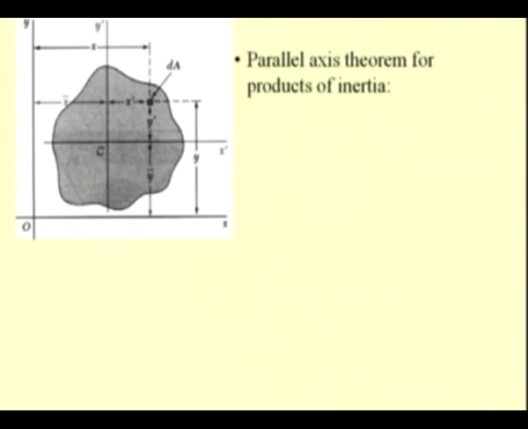So, C being the centroid of this area, we have the parallel axes, that is x prime y prime, passing through the centroid. If the location of this differential element is x and y, x can be written as x bar, the location of this centroid, plus x prime, which is the location of this differential element dA in this coordinate system, that is C x prime y prime.